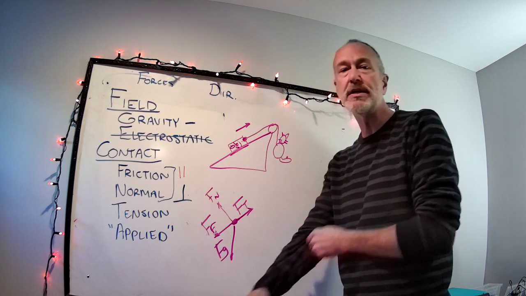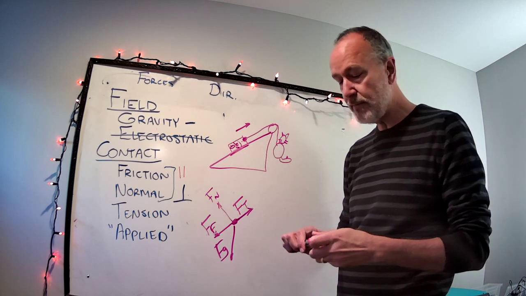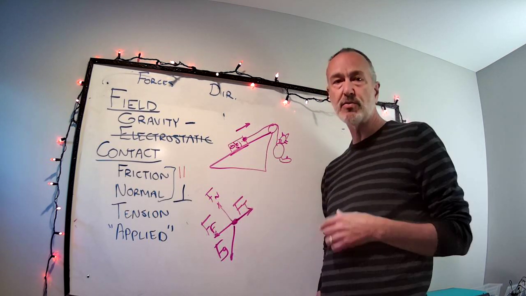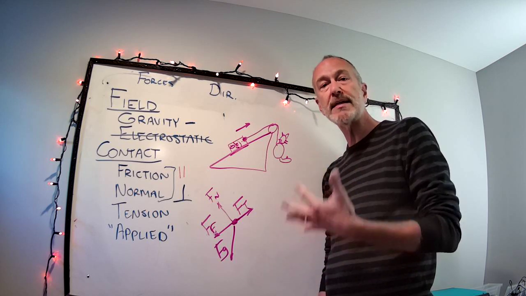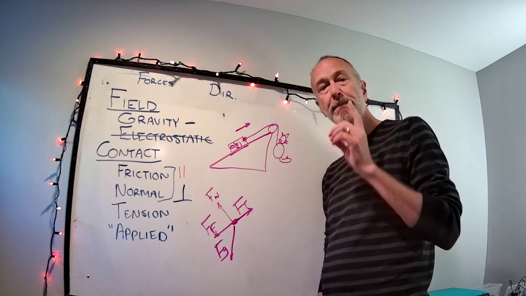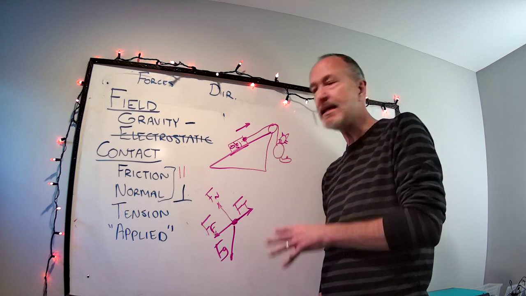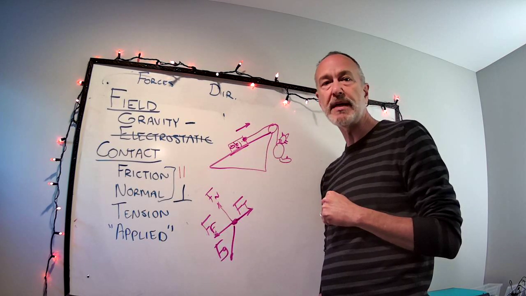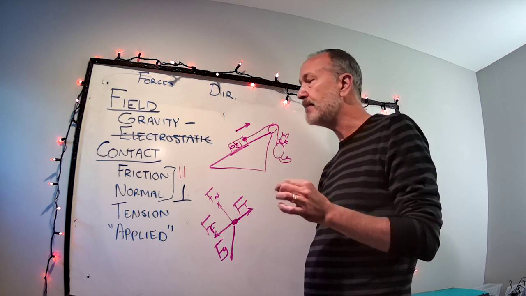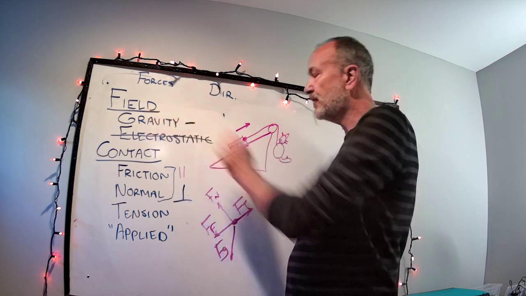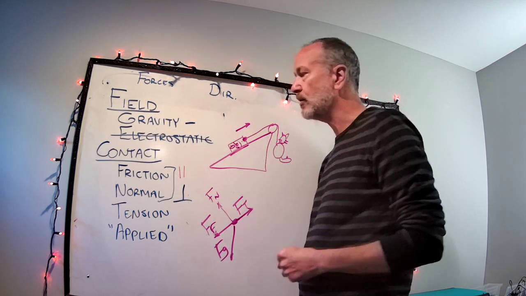Why is it so important to do free body diagrams? It's important because we're going to eventually put numbers with these things and we're going to be solving quantitative problems. But the most important thing is you can't get those right if you don't start with the right free body diagram. And I see this all the time. This approach: what's the field force? Gravity. Draw that in the correct direction.